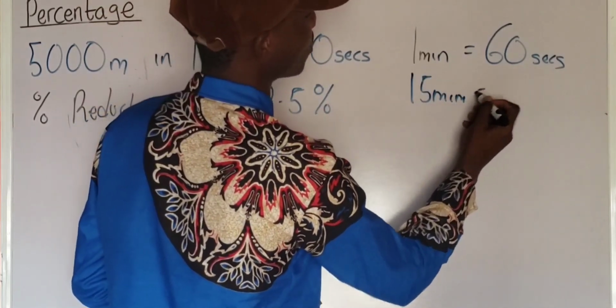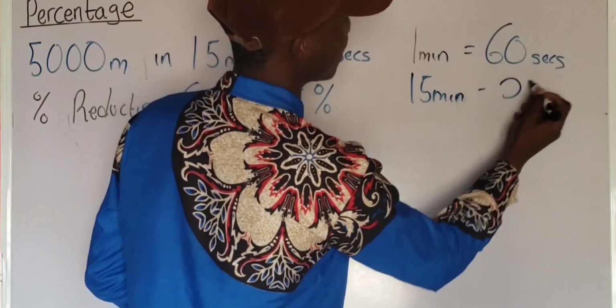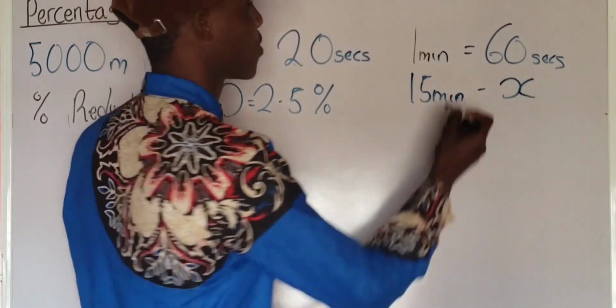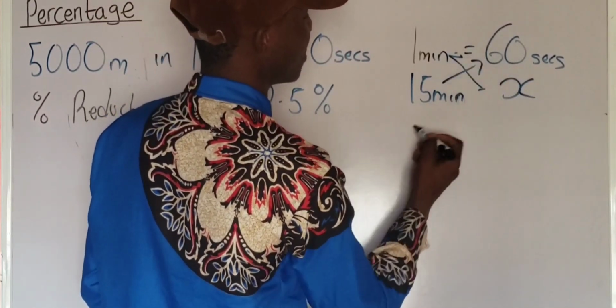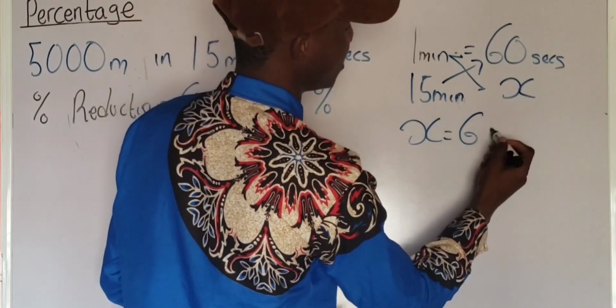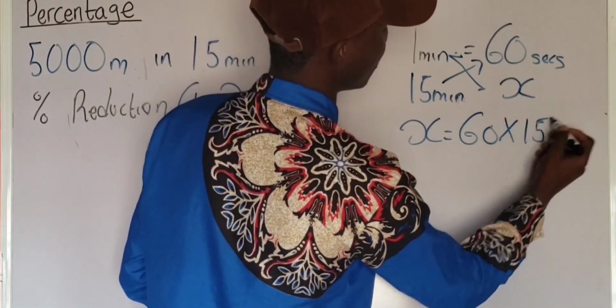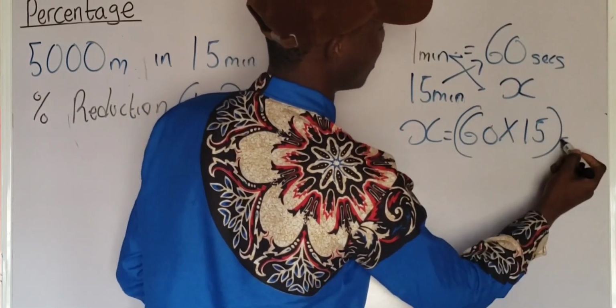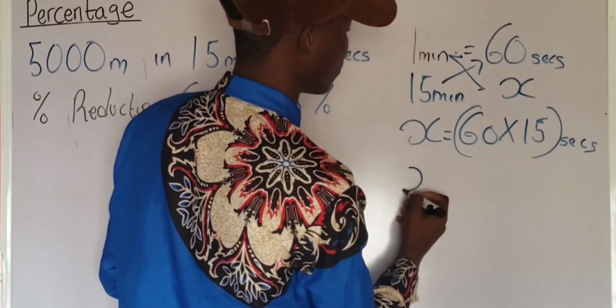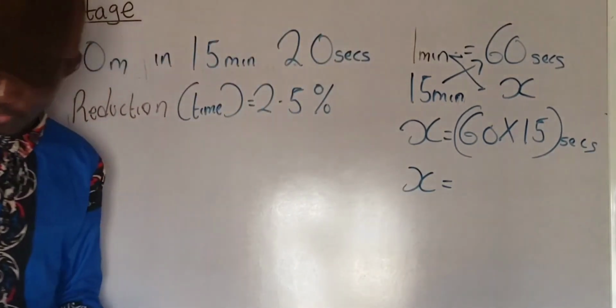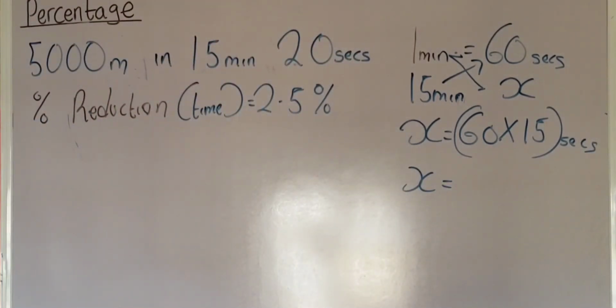Let's say 15 minutes is equal to x seconds. Now cross multiply. For this we are going to have x equal to 60 multiplied by 15, that will be in seconds. If you punch your calculator, you are going to get 900. That is 900 seconds.